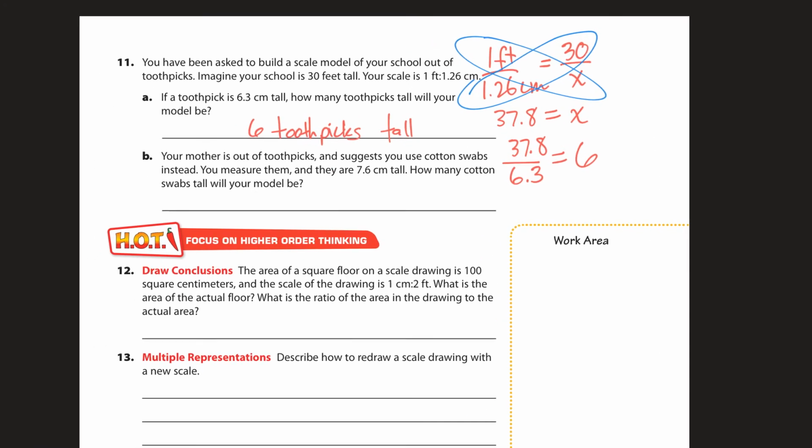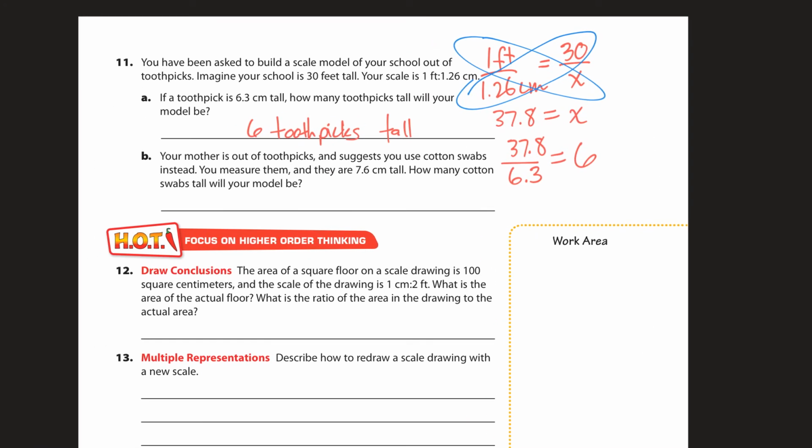So the next one, your mother's out of toothpicks and suggests you use cotton swabs instead. You measure them at about 7.6 centimeters tall. How many cotton swabs tall will your model be? Okay, we're going to do the same kind of thing as before. We have that 37.8 divided by, this time, 7.6.